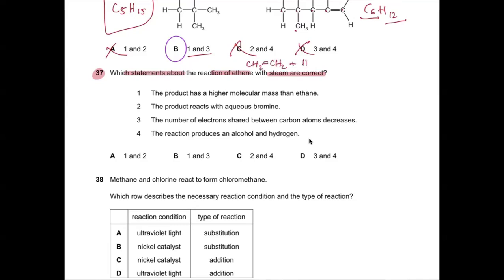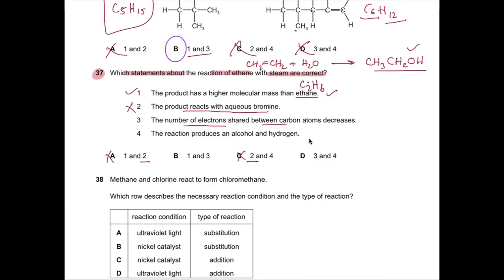When it reacts with the steam, it will give you ethanol, which is CH3CH2OH. And ethane is C2H6. So obviously this one has one more oxygen, so it has a greater Mr than the ethane. So the first is correct. The product reacts with aqueous bromine. The product is an alcohol. It won't react with aqueous bromine.